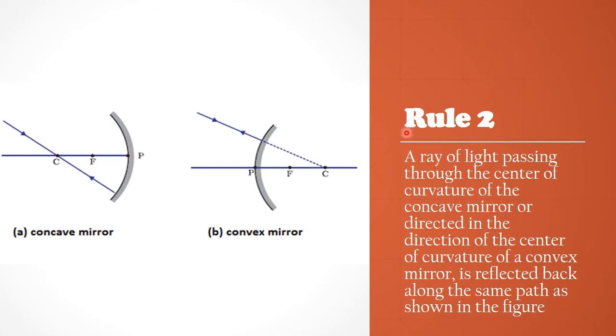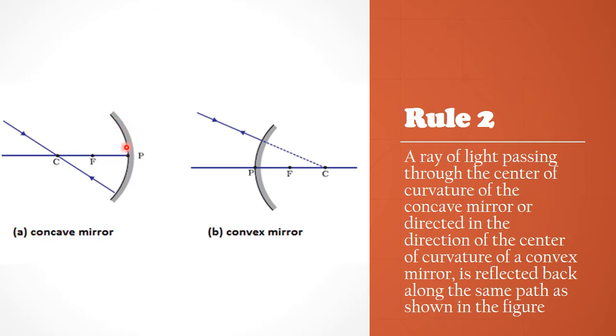Now, your second rule states that a ray of light passing through the center of curvature of a concave mirror, or directed in the direction of the center of curvature of a convex mirror, is reflected back along the same path, as shown in the figure. Let us first understand for your concave mirror.